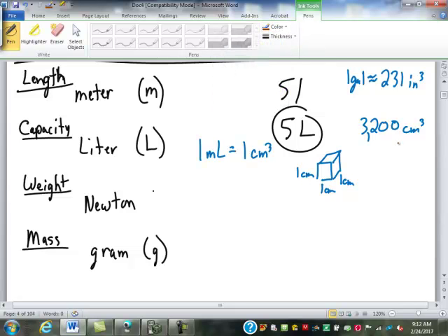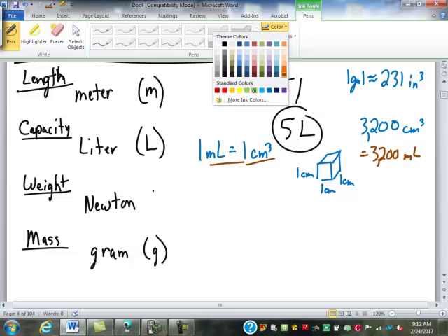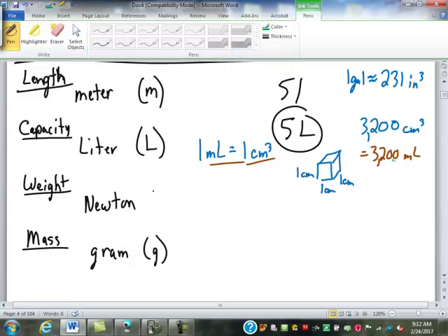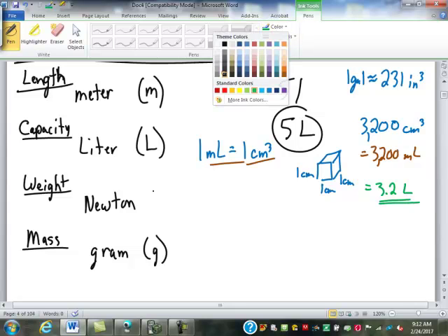Well, since 1 centimeter cubed is 1 milliliter, that's 3,200 milliliters. And as we're going to see in just a little bit, the conversion from milliliters to liters is just 3.2 liters. Very, very quick and easy conversions from one unit to the next.